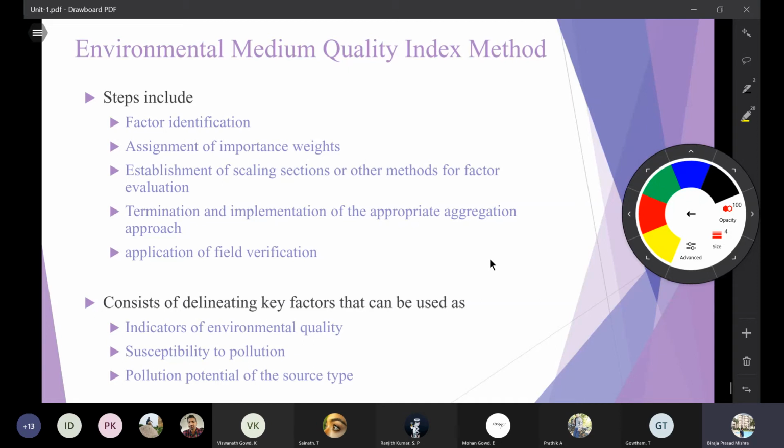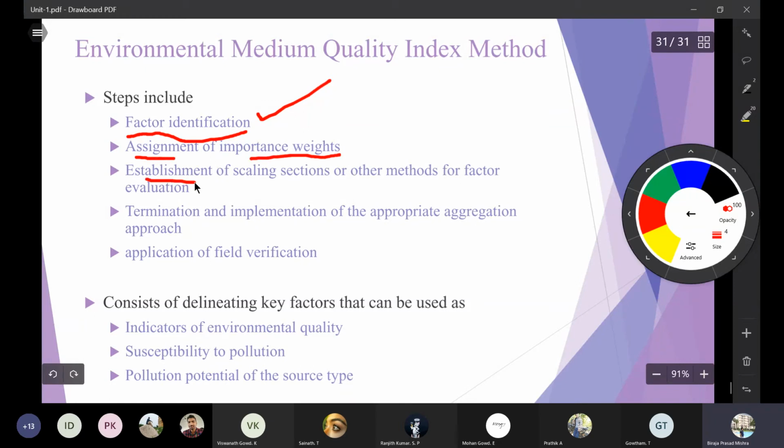The steps include factor identification: what are the factors that are affecting the environmental parameters of that developmental activity in that region. Then assignment of importance weights, followed by the establishment of scaling sections or other methods for factor evaluation. The fourth step is the determination and implementation of an appropriate aggregation approach to aggregate the data, followed by the application of field verification.